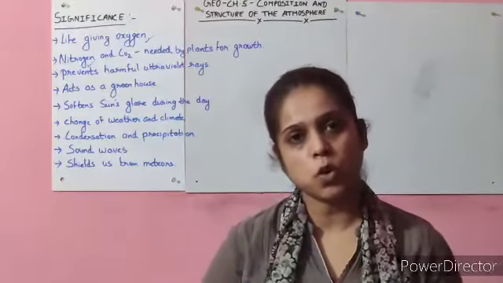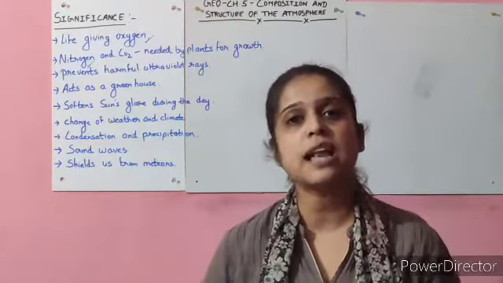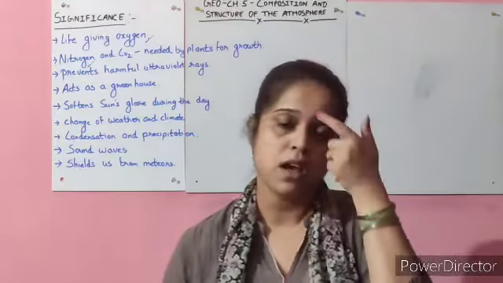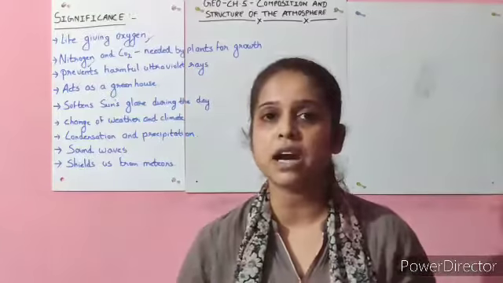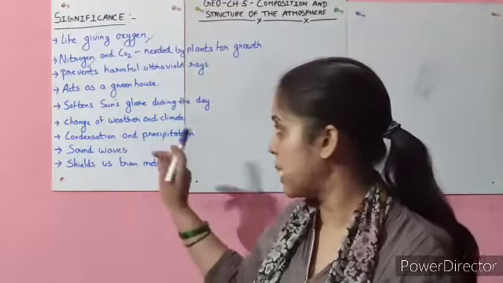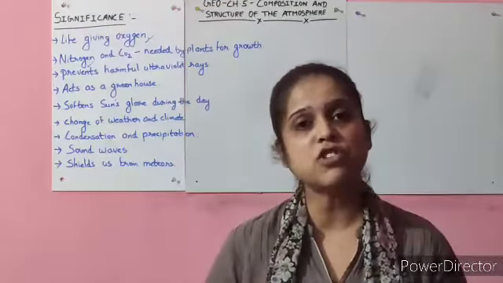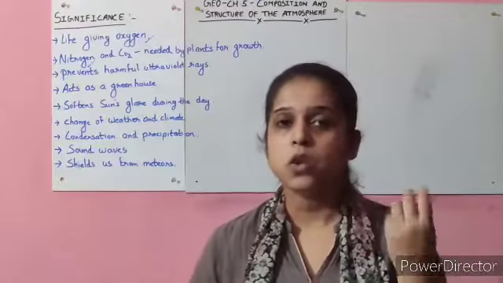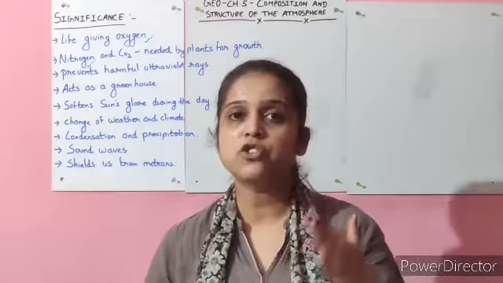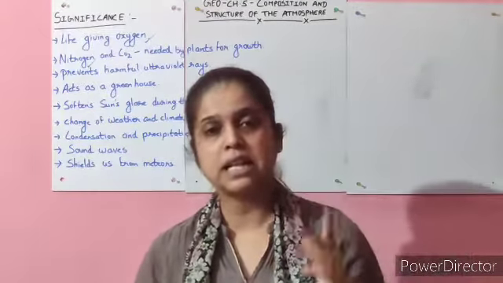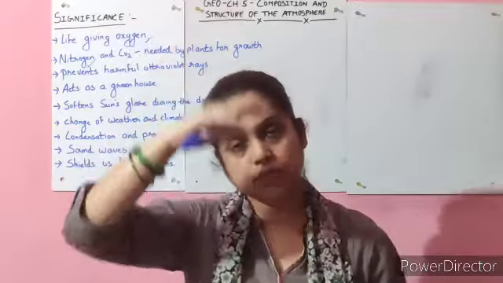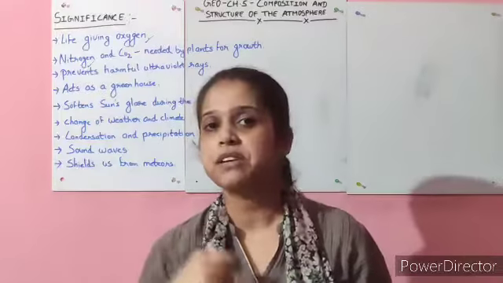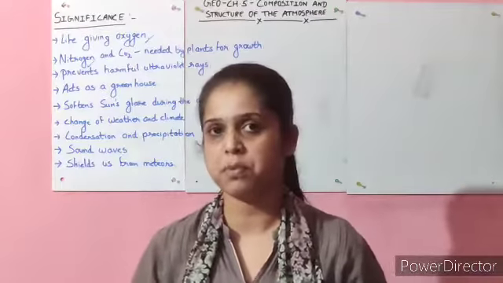Due to that water vapor only, condensation and precipitation happen. I believe you all have studied these in your science. But I am telling you here, condensation means when the water vapor changes into liquid form. And when that liquid starts falling down on the earth due to gravity, it is called precipitation.